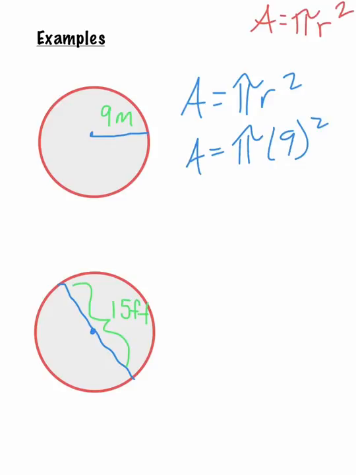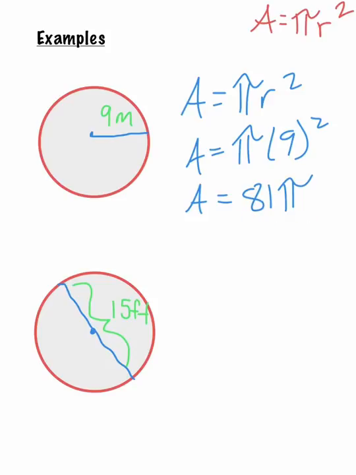From here, all we do is just work the order of operations. We have 9 squared, so the area is equal to 9 squared, which is 81, times pi. Now this right here is a perfect answer.